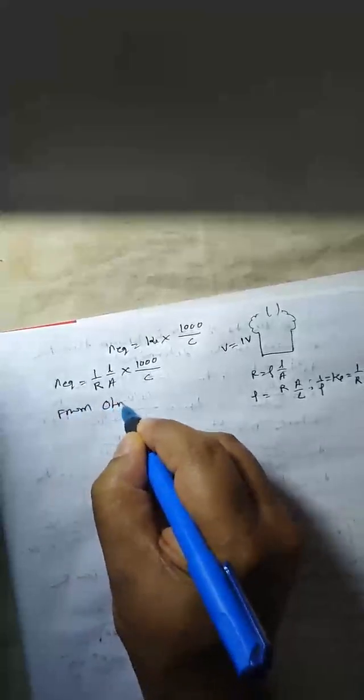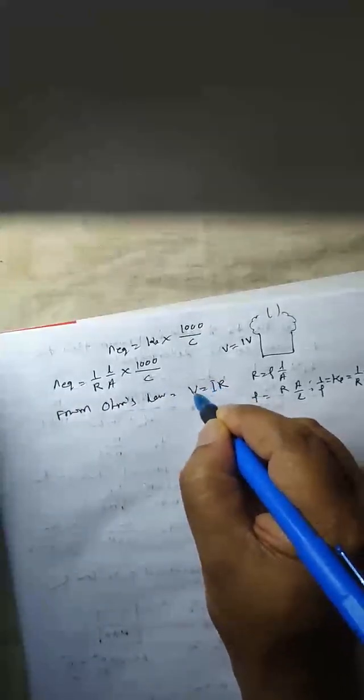Then from Ohm's law, V is equal to IR. We know V is the potential difference, I the current, R the resistance.